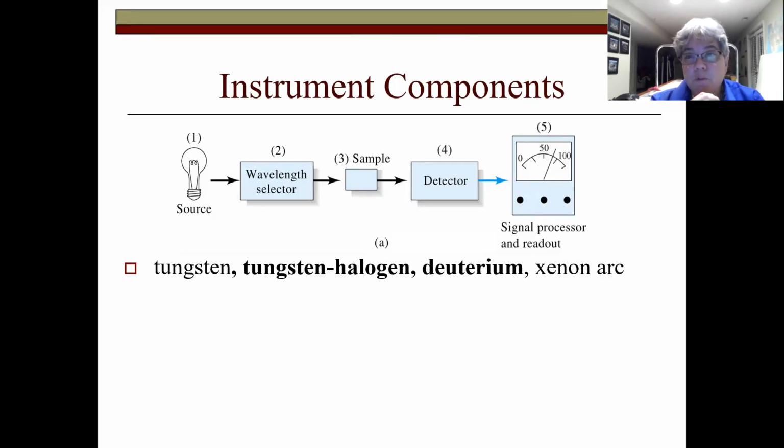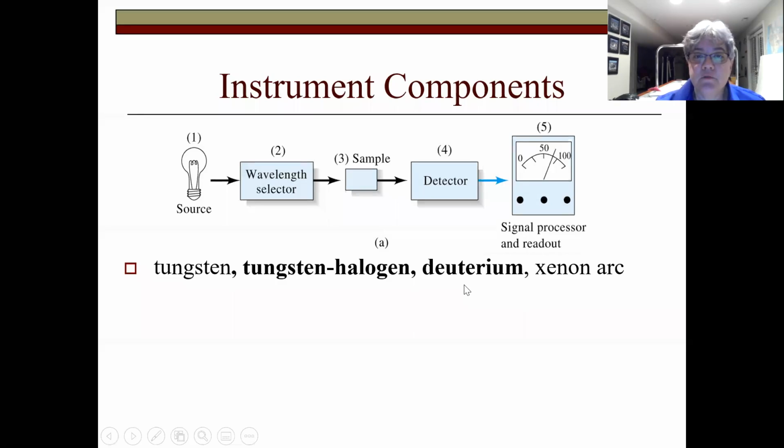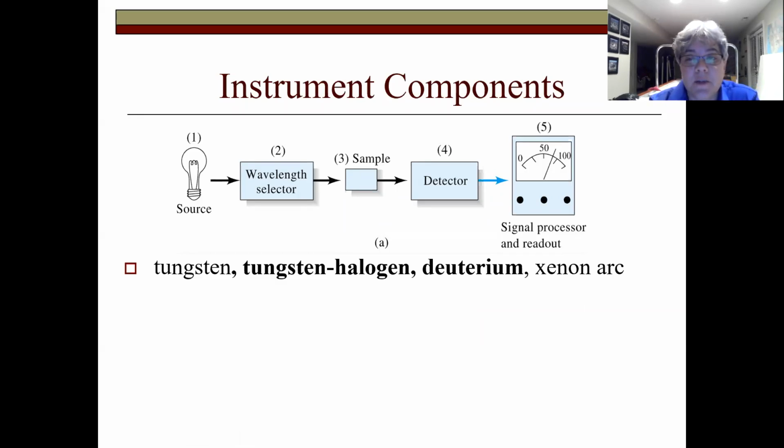By far, the two most common are what's called the tungsten halogen and the deuterium lamp. So tungsten halogen lamps, those are used mostly for visible light, and deuterium is used for UV. This source we mentioned, but it's a very strong, very intense source, so it's not commonly used for molecular spectroscopy.